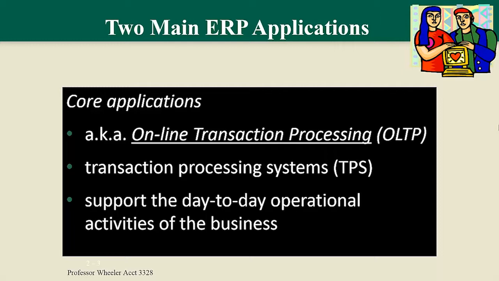So such transactions as purchase orders, purchase requisition, sales orders, payroll, invoicing are examples of transactions. So in summary, the OLTP supports our day-to-day operations so that the business runs smoothly and efficiently.